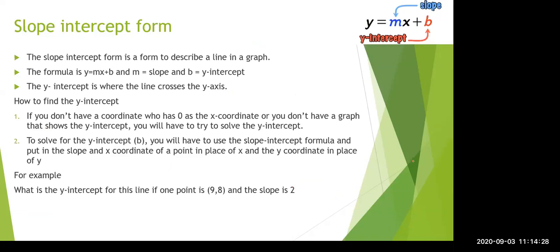So what is slope-intercept form? Slope-intercept form is the form to describe a line in a graph. So say you have your coordinate plane right here, and this is just in quadrant 1. I'm always going to do quadrant 1 just to make it simple. So then say your line is right here. How would you describe this line?